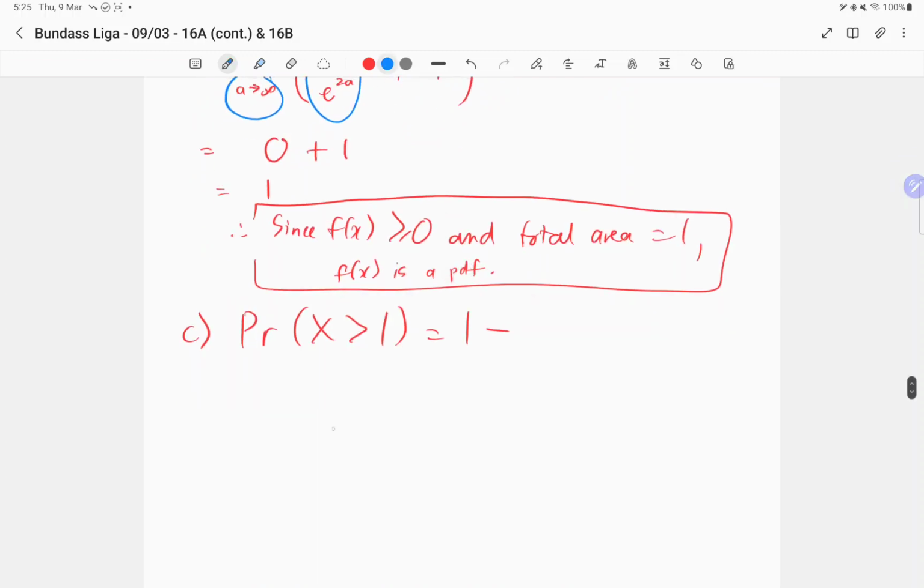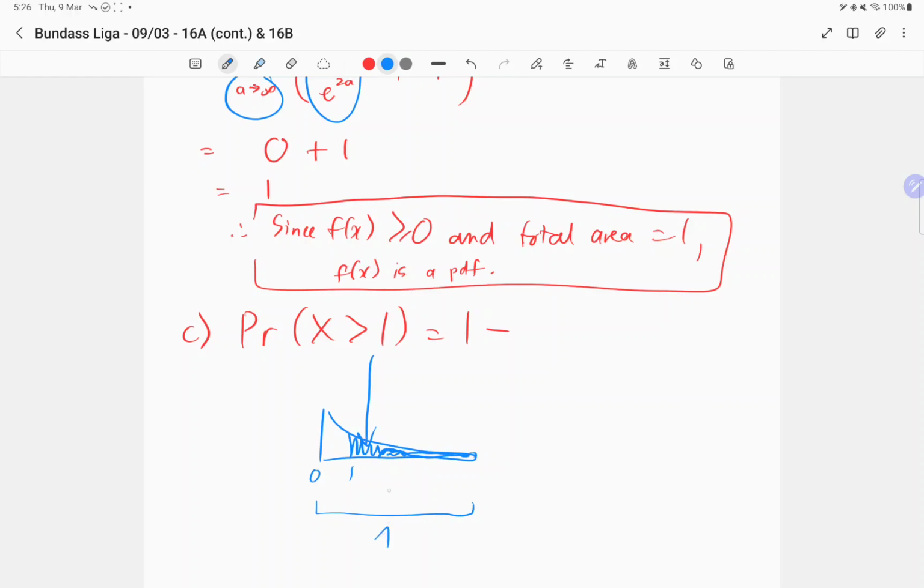Because remember, think about the shape that looks like that, and you want the probability of more than 1, which means you want this area here. What's the remaining area that you can easily calculate and then subtract from? The probability of more than 1 is technically this shaded area there, and the total area would be 1.